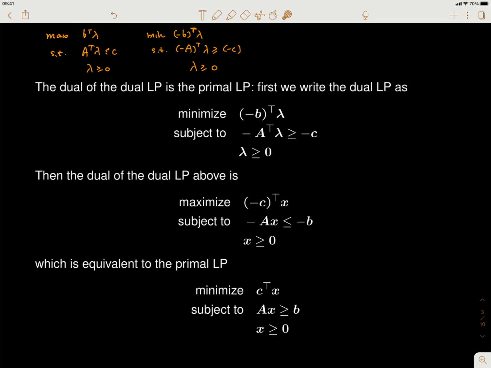You can see that the dual of this problem is just the original primal problem. So the dual of the dual is the primal. It's just like the transpose of the transpose is the matrix itself, or the inverse of the inverse is the function or the matrix itself.